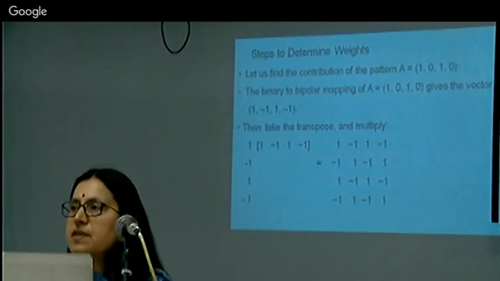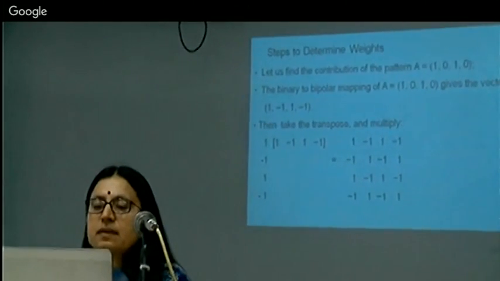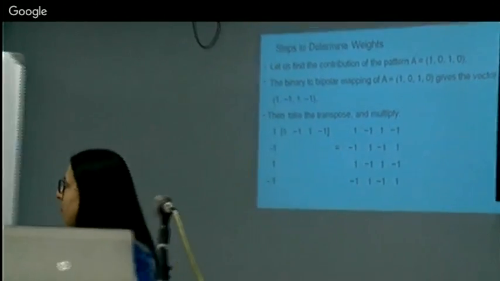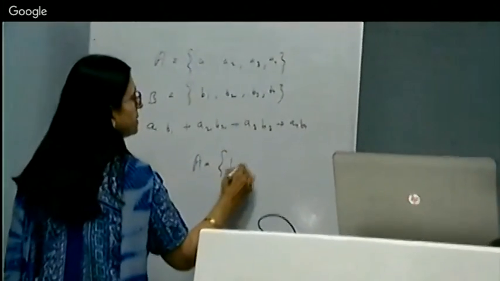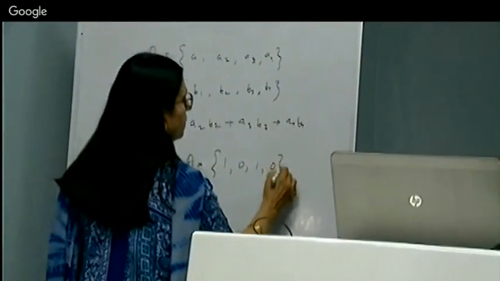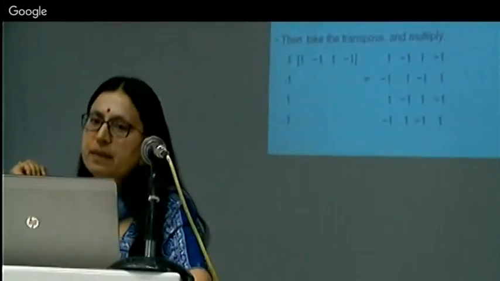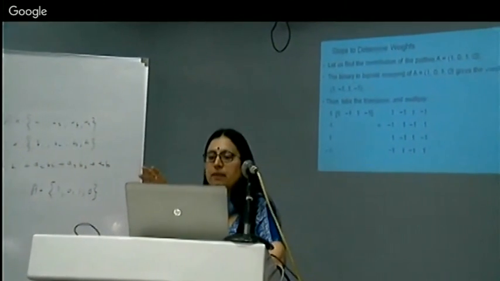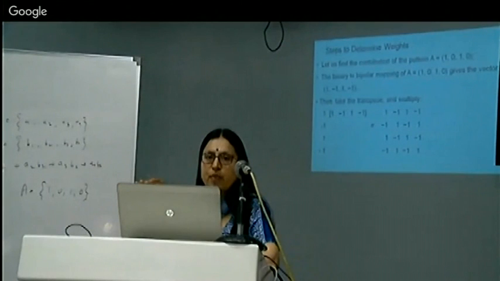Say the first pattern which is used is 1 0 1 0. If we have this pattern A, which is 1 0 1 0 as the first input pattern, and we have to find out its contribution to the weight matrix, then the first step is to convert this binary vector into a bipolar vector.